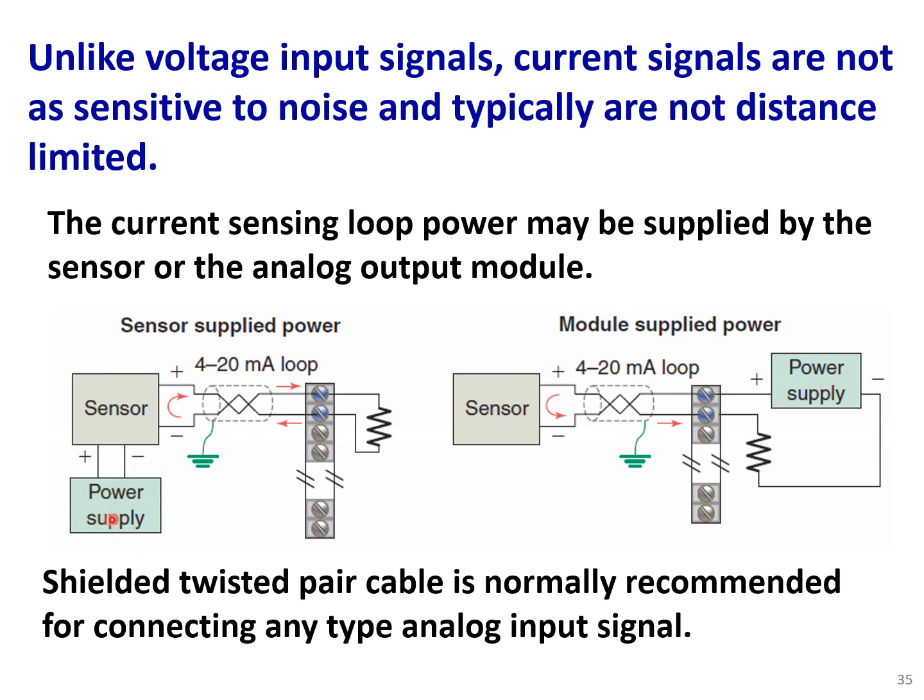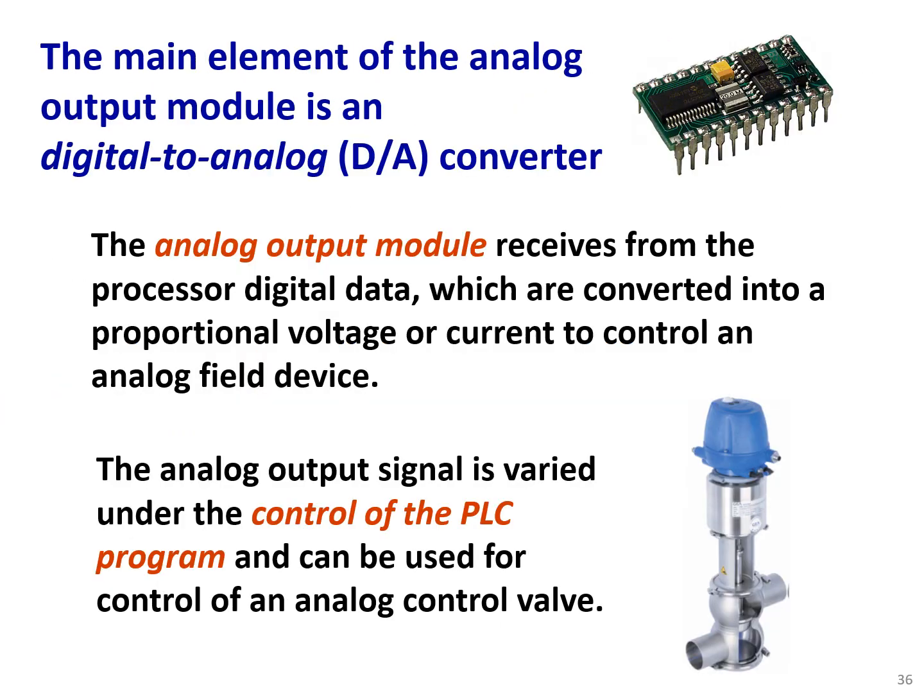Here you have the power supply located on the sensor, and here the power supply is on the module, and the module is providing the power. Shielded twisted pair cable is normally recommended for connection any type analog input signal. Okay, so here is the shielded twisted pair cable that is used.